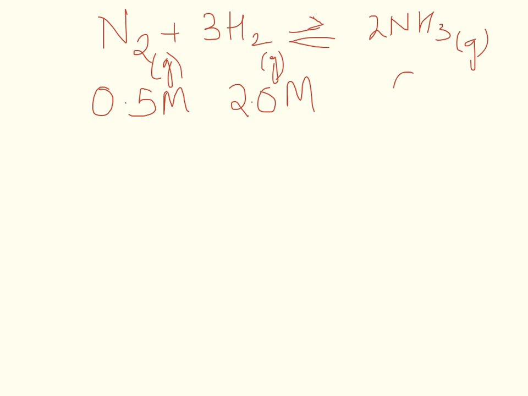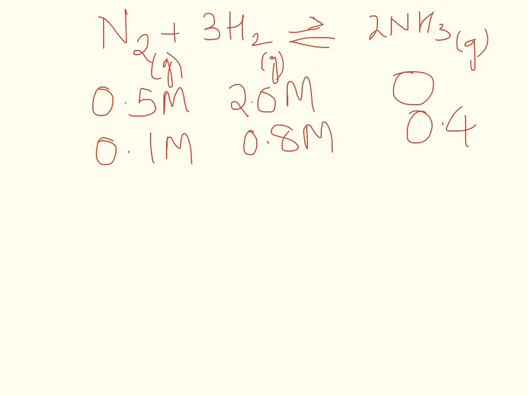Of course, at the beginning there will be 0 ammonia, and say at equilibrium there is 0.1 molar nitrogen present and about 0.8 molar hydrogen present, and 0.4 mole of ammonia has been produced. So these are the parameters at equilibrium.